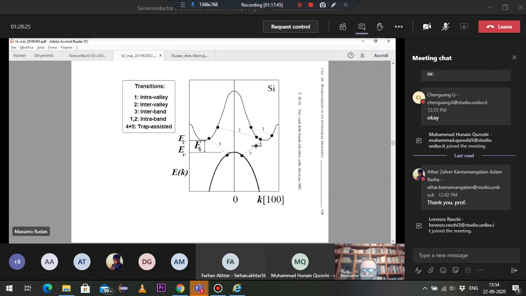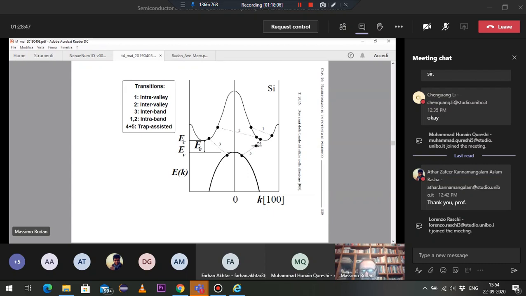The electron sits in the state for a while, and then it may go back, but it may also make another transition of type 5 from the trap into the valence band.